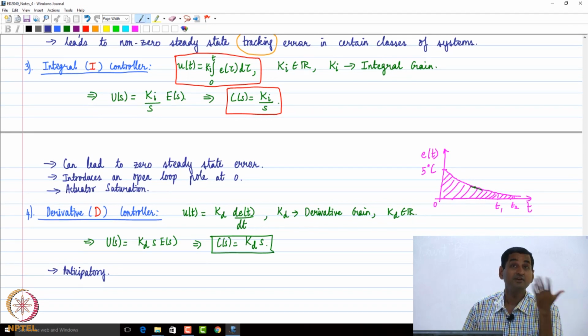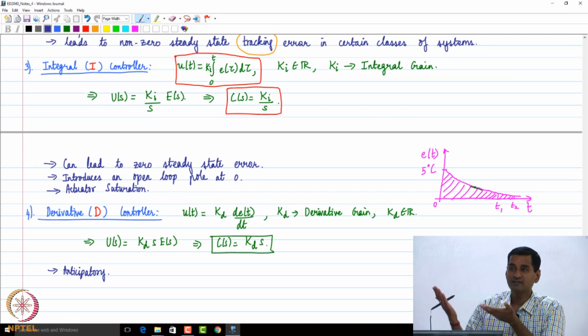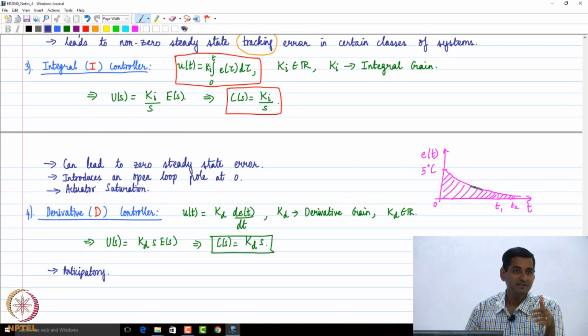Let's say you are running a compressor, we are spending on electricity. If I know that my temperature error is decreasing, I would run my compressor at a lower setting so that I can save cost. So obviously, the derivative controller can satisfy these functionalities.